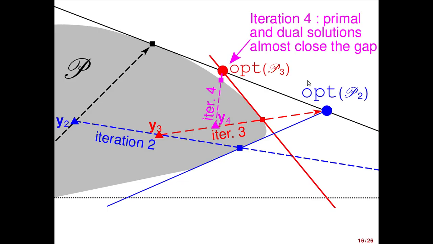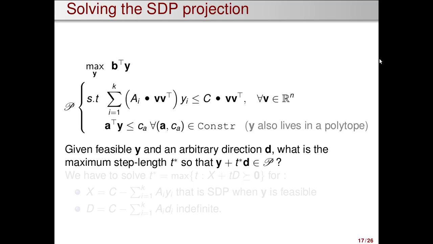And here, if I project, I obtain a new constraint. In this example, the small square is a new interior point, feasible solution, and the circle will give me, as I said in the previous slide, a dual feasible solution. So here the primal and dual feasible solution almost close the gap. What is difficult? Solving the SDP projection.